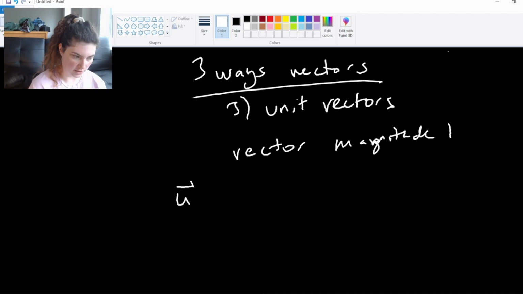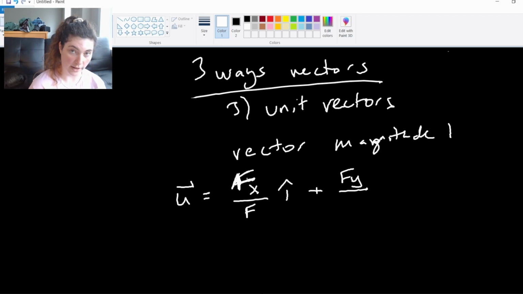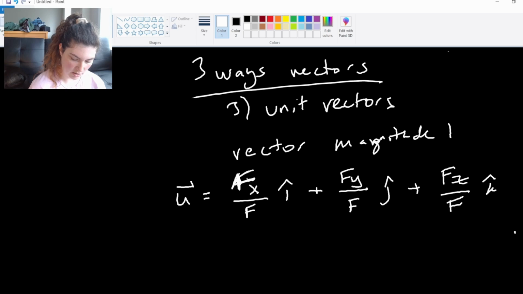So our unit vector is F x over F i hat plus the magnitude of F in the y direction over the magnitude of F j hat plus the magnitude of z over F k hat.